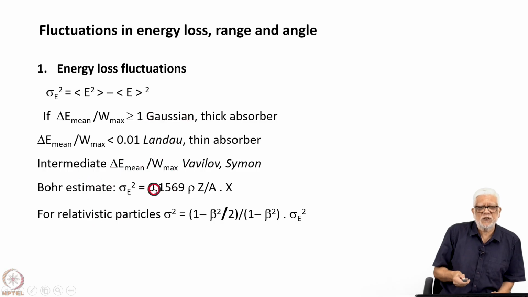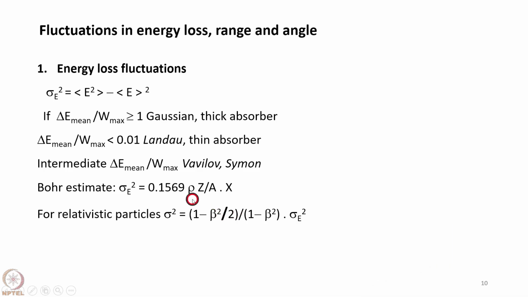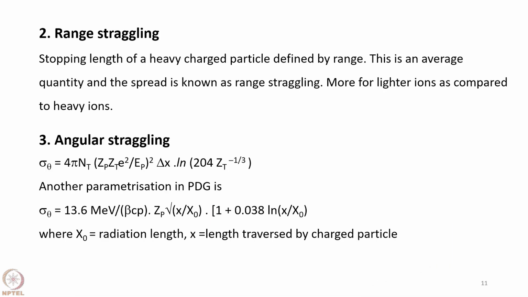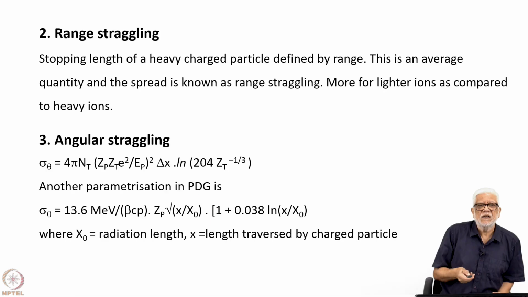There is also a Bohr estimate of the energy loss fluctuations, which is extended for relativistic particles. As I already said, there is range straggling, and so the stopping of a heavy charged particle is defined by the range, but also by the fluctuation, because after all it is a random process, and of course a large number of these scatterings take place on electrons.